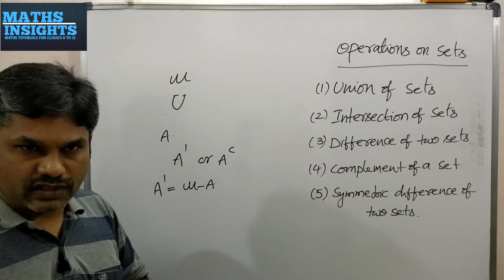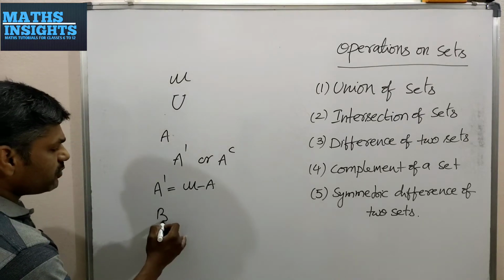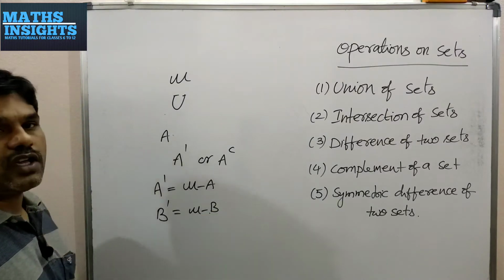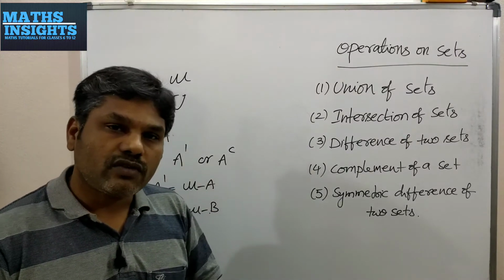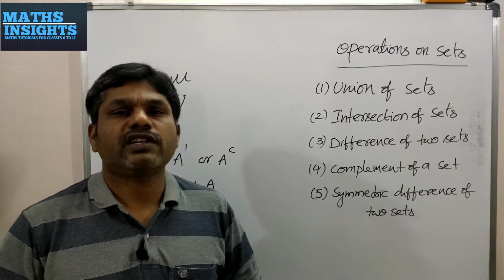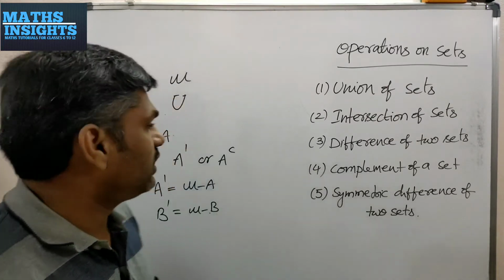And if you want to find B dash, that is equals to mu minus B. In this way you may find the complement of any set. I will explain it with an example, then it will be clear.